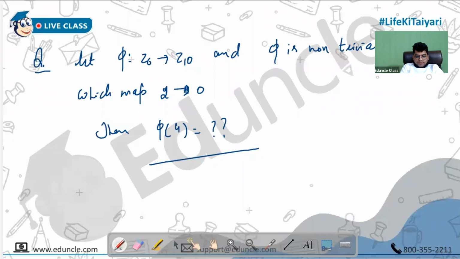What is the answer, student? बोलिए. 2. This is only we have mapping.